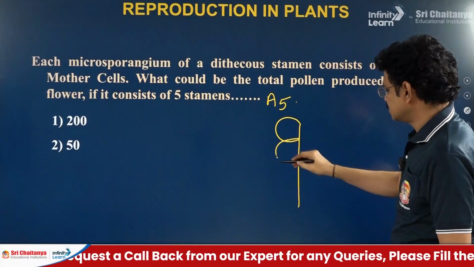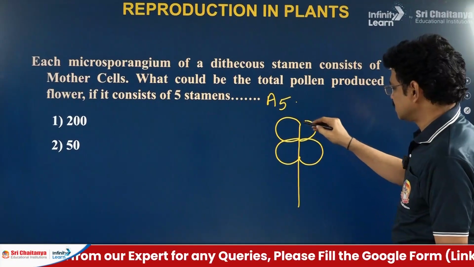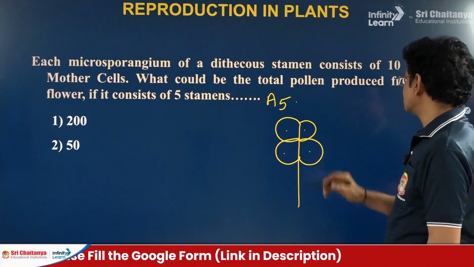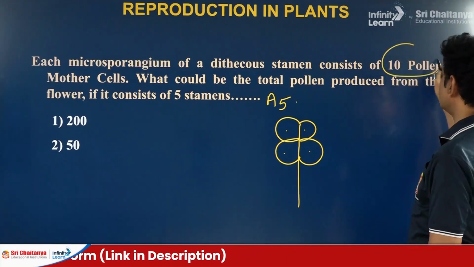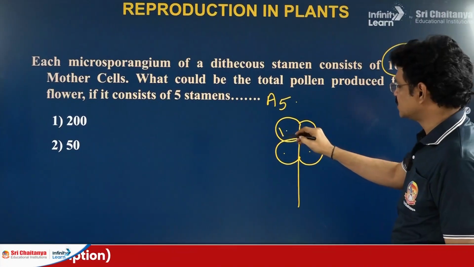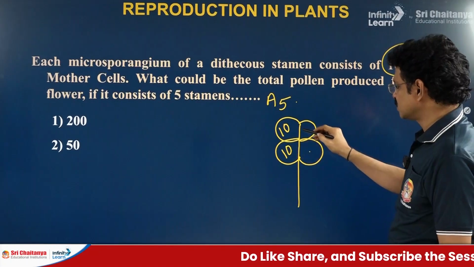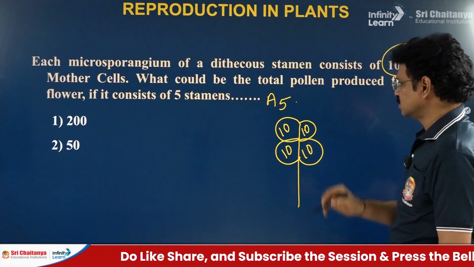One stamen with a dithecous anther has microsporangia 1, 2, 3, 4. According to the question, how many pollen mother cells are given in each microsporangium? 10. Second microsporangium, 10, 10, 10.